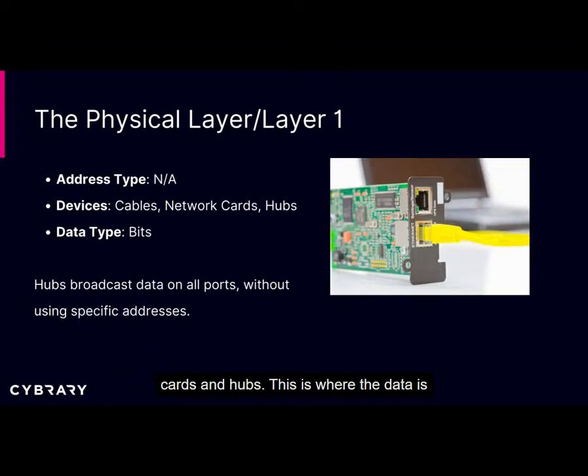This is where the data is moving over physical medium. But since there's no addresses here, it's sort of a dumb layer. You don't have a lot of information about where the data needs to go at this point, but it'll get more information as it travels through the different layers. Hubs broadcast data on all ports without using any specific addresses. So that's why you don't have that type of information at this level.